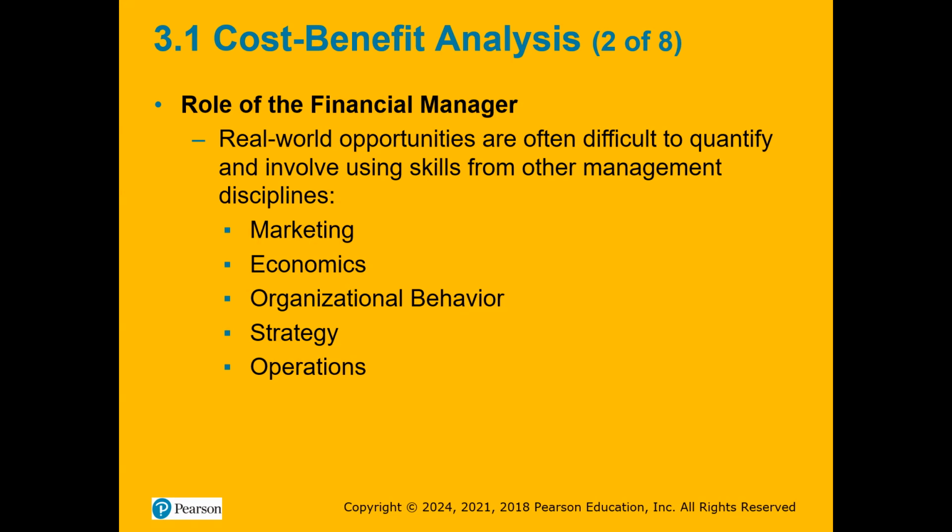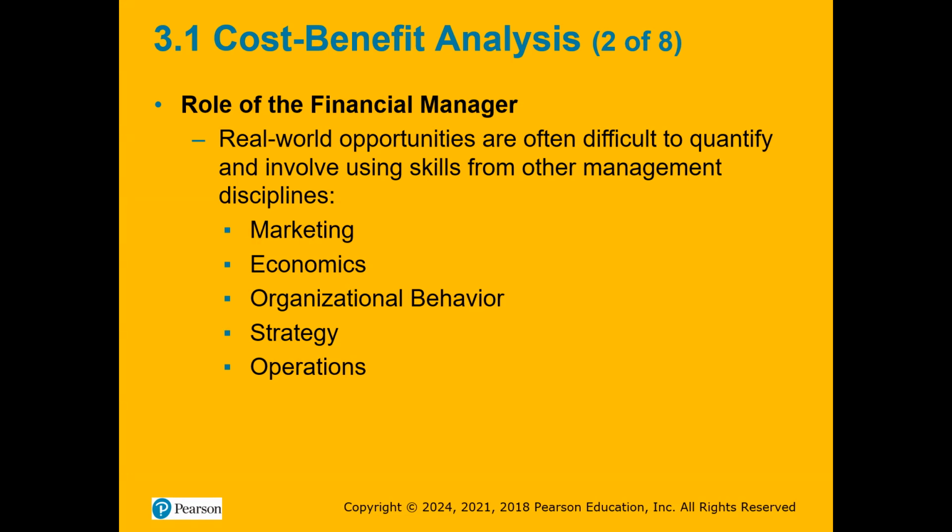Organizational behavior. Financial managers must have organizational behavior knowledge because it is essential for effective teamwork and leadership within the financial department. And definitely strategy, or strategic thinking, because it is paramount in aligning financial goals with overall business objectives.